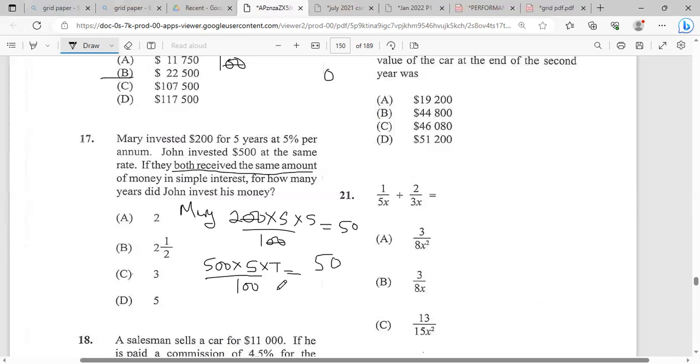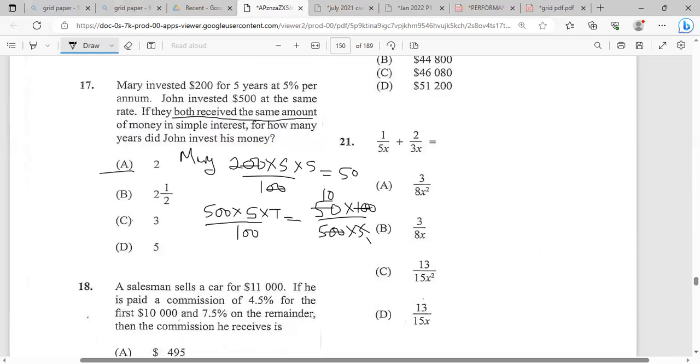So this now would be 50 times 100, and then we divide by 500 times 5. 5 into 5 is 1, 5 into 10 is 2. So John invested his money for 2 years. Because John invested more, naturally he gets his money in a faster time, so it makes sense.